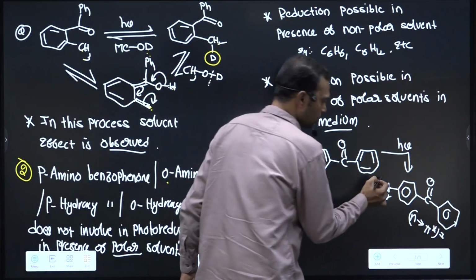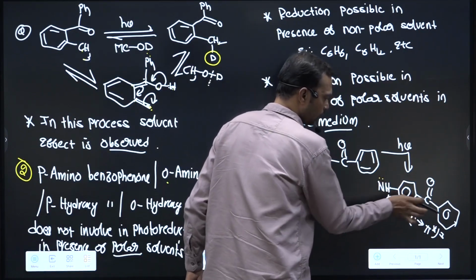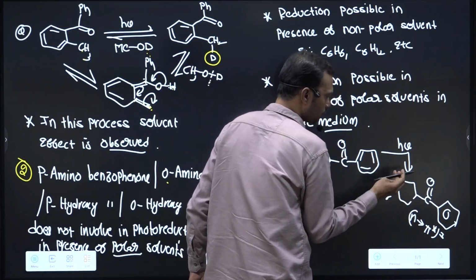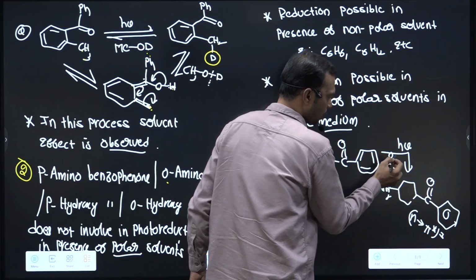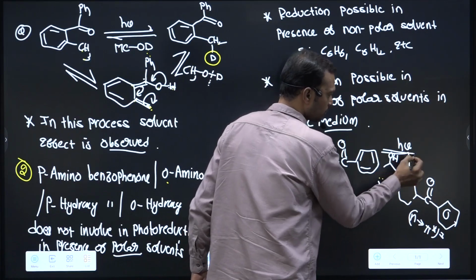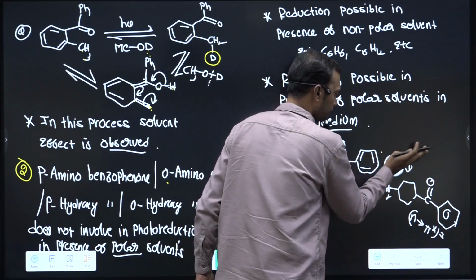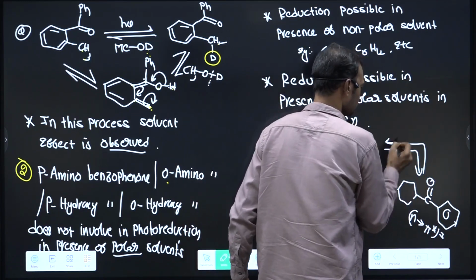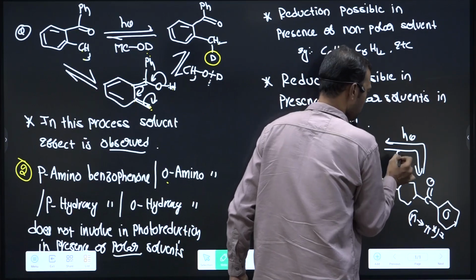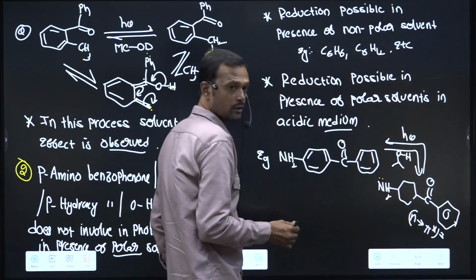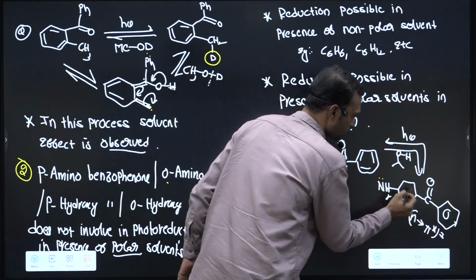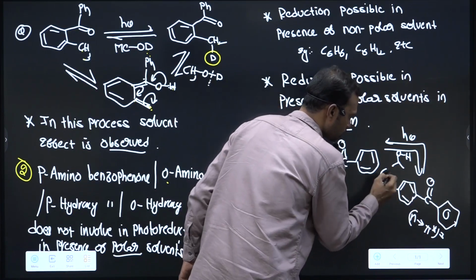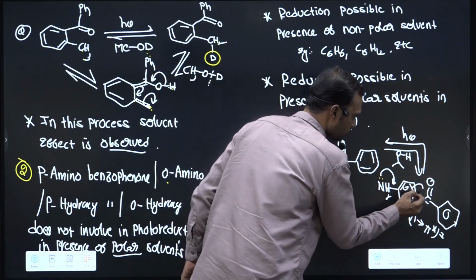Now what happens, see, this lone pair of electrons is involved in resonance. So what is the solvent I am using now? Alcohol is the solvent, here isopropyl alcohol. Alcohol is a polar solvent. This is the first resonating structure. Now double bond. So this is called the mesomeric effect.